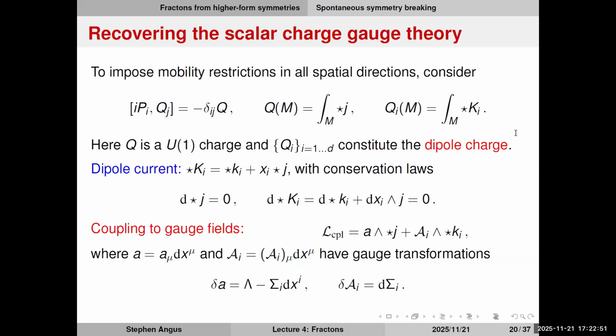And these have gauge transformations: delta little a just transforms as d lambda, the ordinary U1 gauge parameter, but then there's an additional twist term, and curly A^i transforms as d sigma^i, where sigma^i is like a dipole gauge parameter.